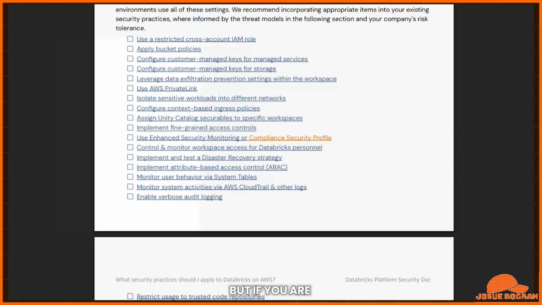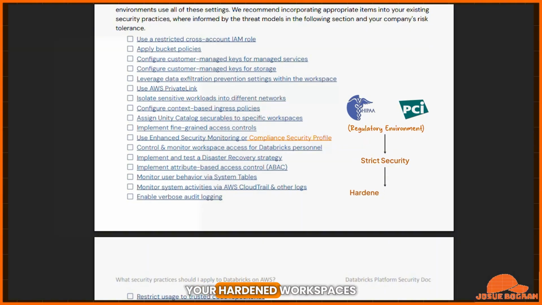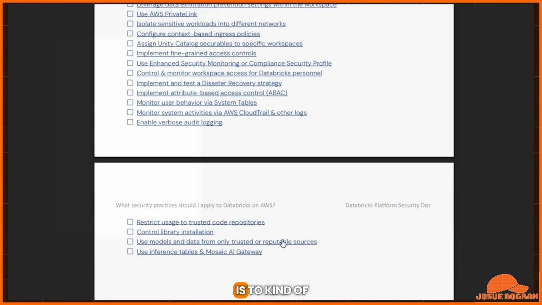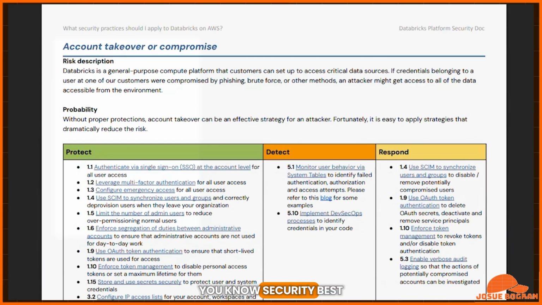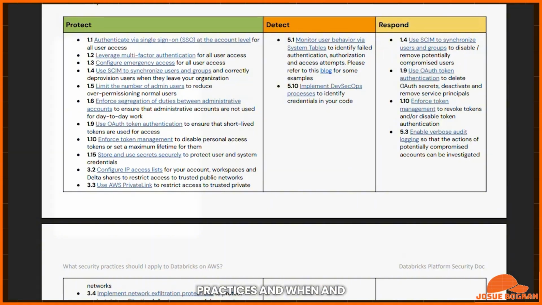But if you are a HIPAA or PCI customer who is in a regulatory environment, you need to deploy that specific way of having your hardened workspaces and required compute with specific regulatory requirements, right? So the idea here is to provide them with clear security best practices, and when and where you would be using which security configurations.